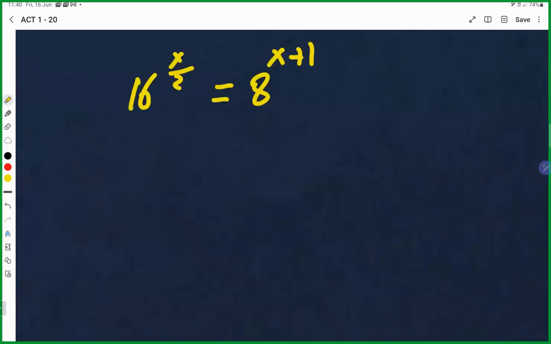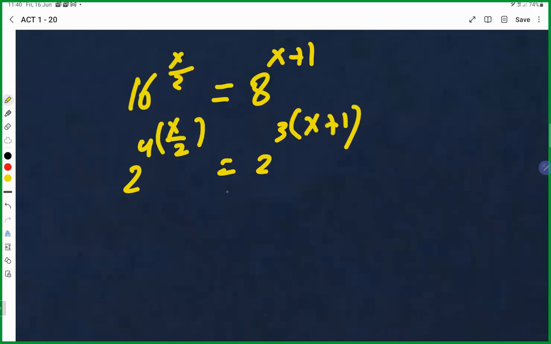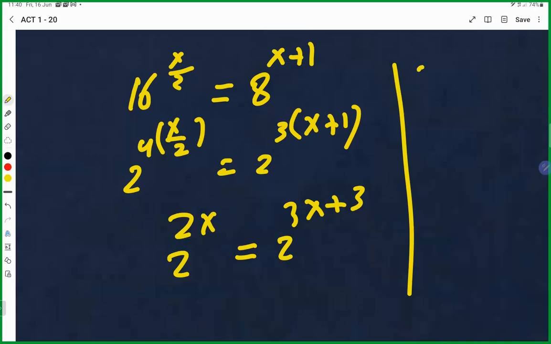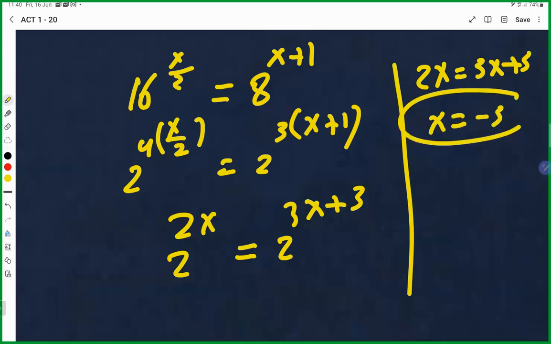To solve this, 16 و 8. 16 هي 2 power 4 وال 8 هي 2 power 3. حط لي براكت x over 2، حط لي براكت x plus 1، خلصت. بصير عندك 4 times x over 2 which means 2x. 2 power 2x is equal 2 power 3x plus 3. At the end 2x equals 3x plus 3, so x is equal what? Negative 3. اوكي تمام. تذكروا هذا النوع من الأسئلة.